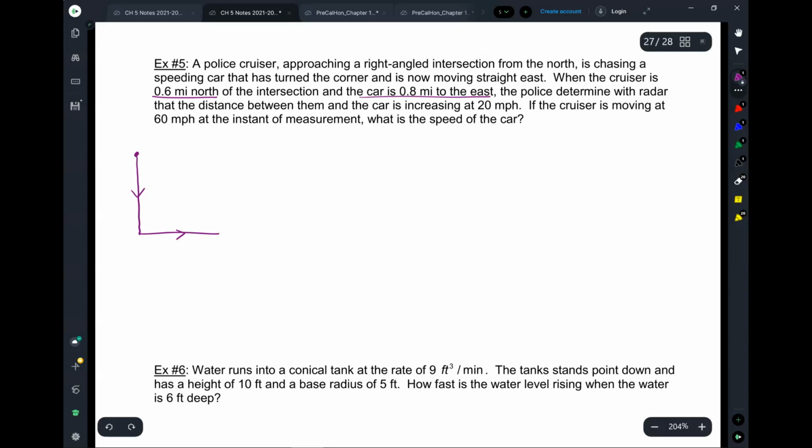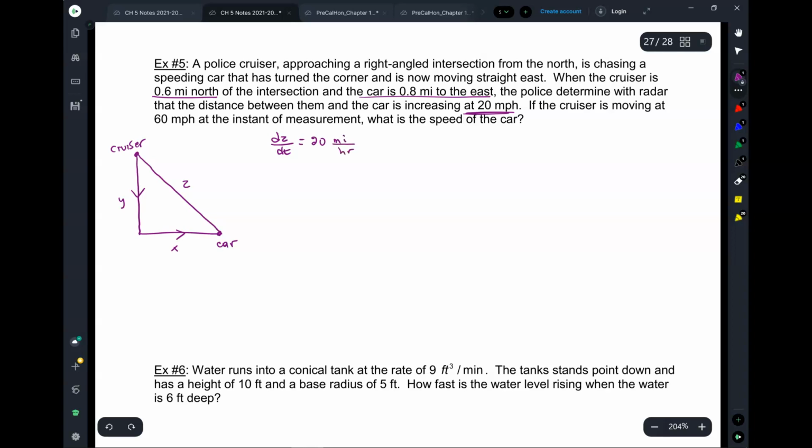So if this is the cruiser and this is the speeder, the car, what's the distance between them? It's this. That is changing at a rate of 20 miles an hour. If I call this x, y, and z, that means dz dt is 20 miles an hour.